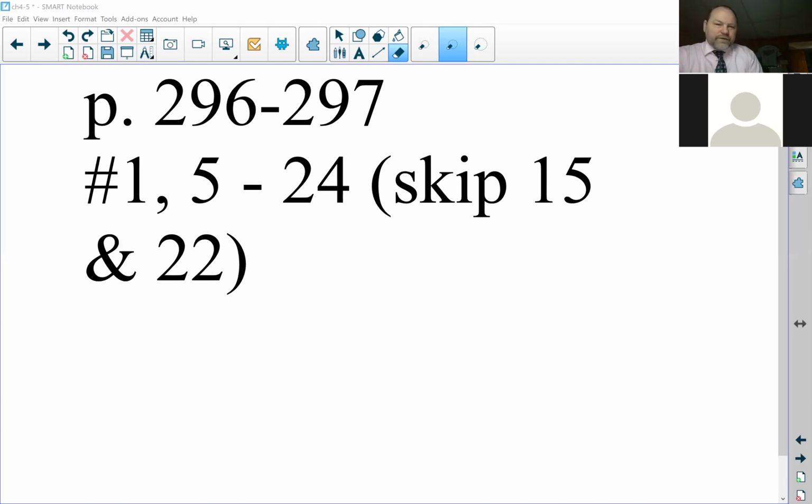So we might have something that looks like this. The limit as x approaches 0 from the right of x times ln of x. As x approaches 0 from the right, x goes to 0. The ln of x goes to negative infinity.